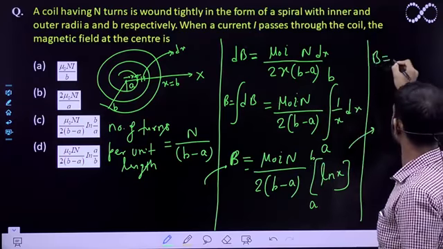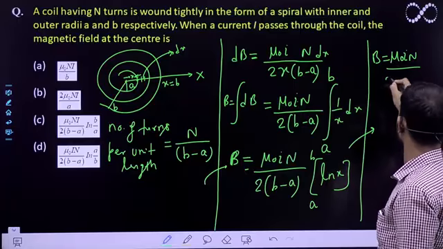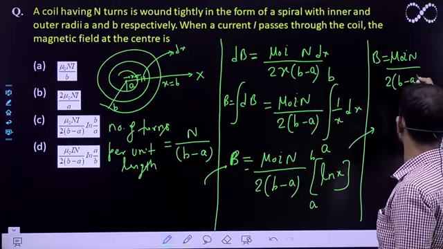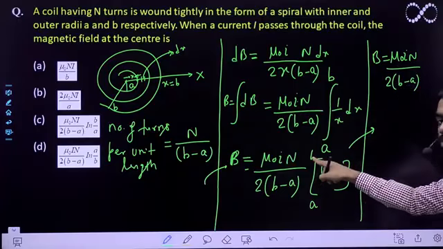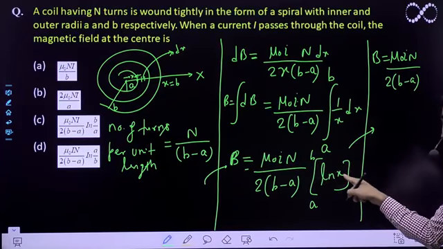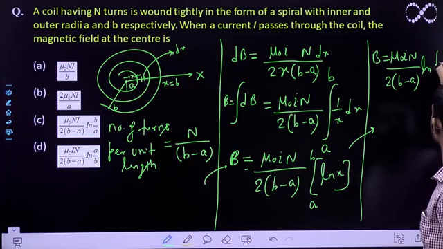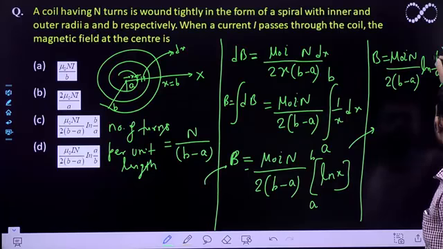B is equal to mu naught I n upon 2 times b minus a, and first we will put b here and then you will put a, so this will become ln b minus ln a, and that is nothing but ln b upon a. So this becomes ln b upon a.